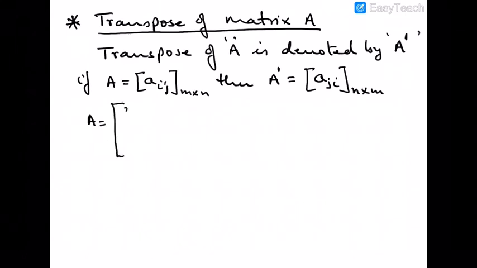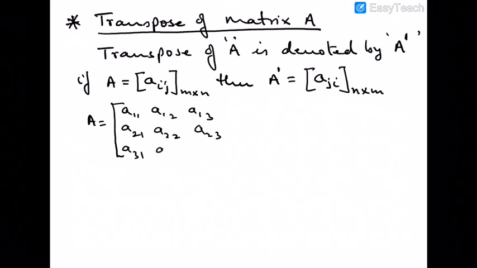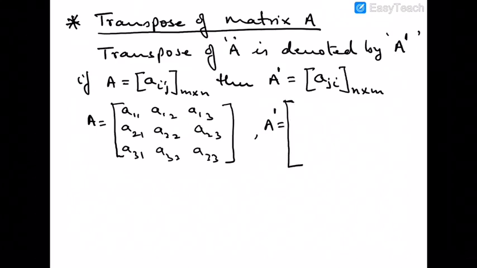Now let's take a matrix A, that is A11, A12, A13, A21, A22, A23, A31, A32, A33. Then its transpose will be: take the first row of A and write it down as the first column of A transpose.